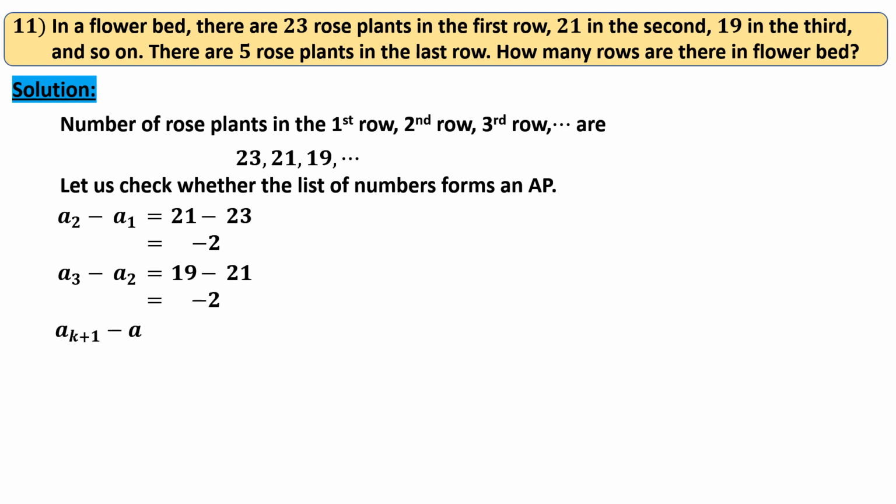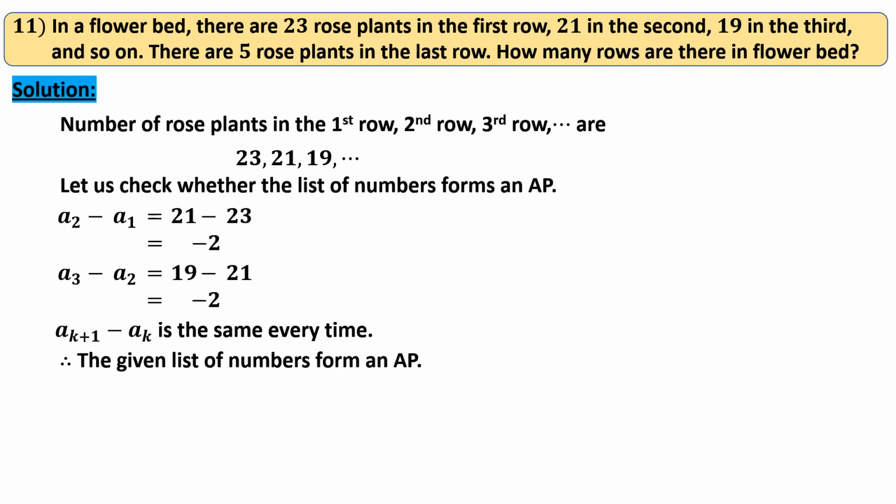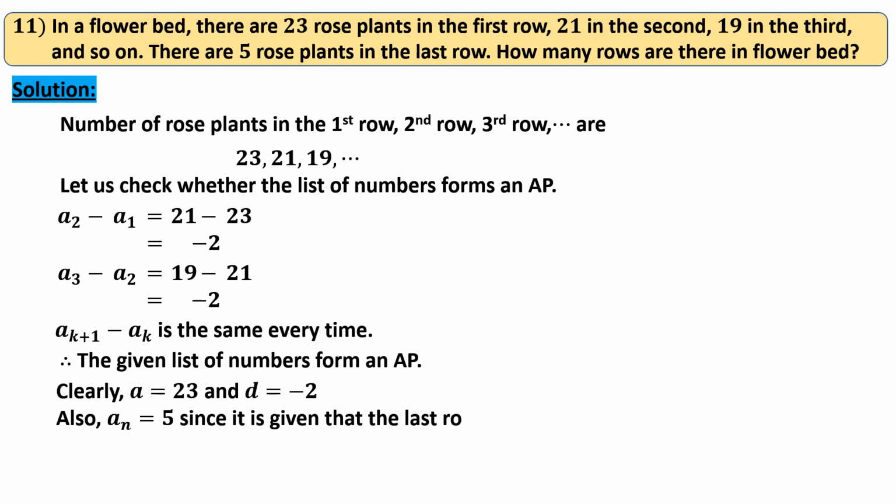Again, this is equal to minus 2. Therefore, for each positive integer k, a(k+1) minus ak is the same every time. The given list of numbers forms an AP. Clearly, a equals 23 and d equals minus 2. Also, an equals 5 since it is given that the last row has 5 rose plants.